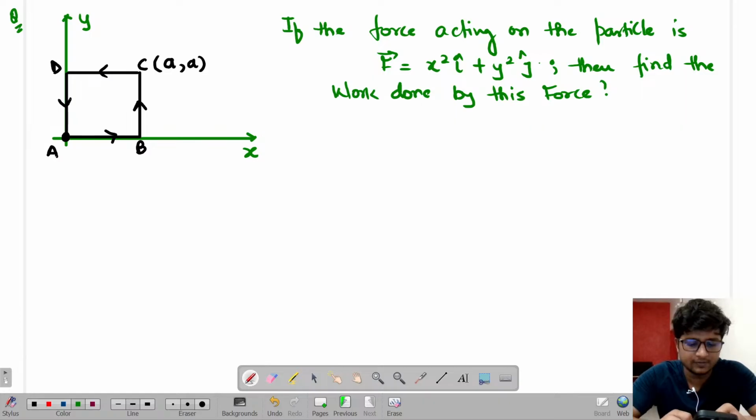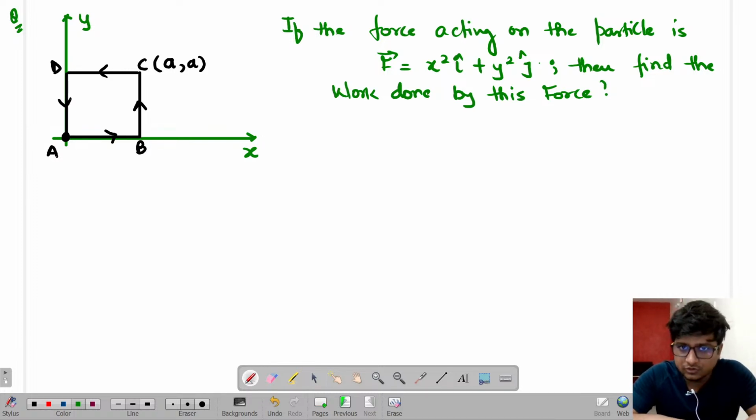It goes from A to B, and then it goes from B to C, then it goes from C to D, and then it goes from D to A. It means it's continuously moving from A to B, B to C, C to D, D to A, with a force which is given as x square i cap plus y square j cap, and then we have to find the work done by this force.